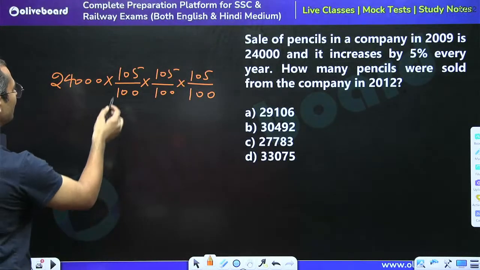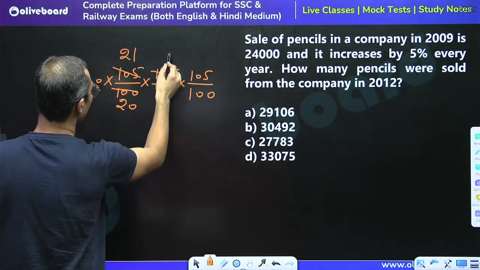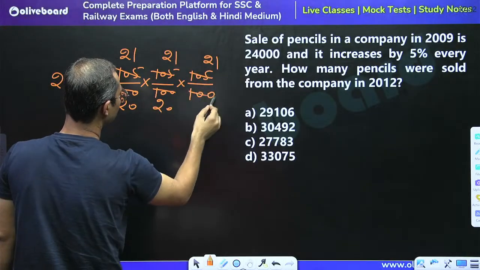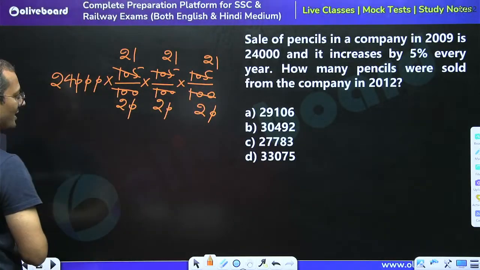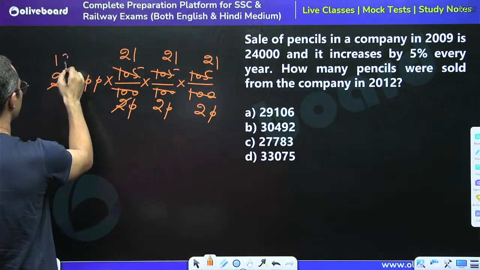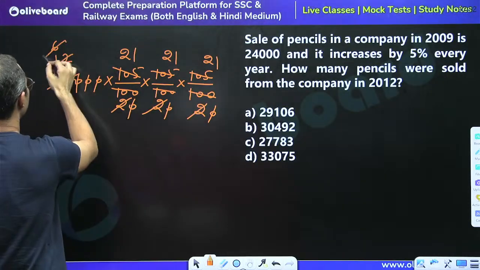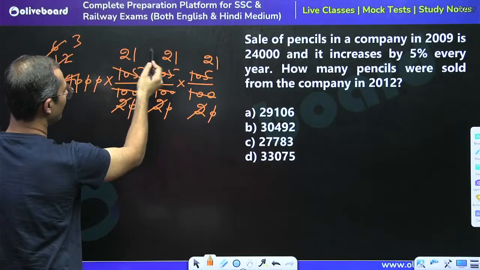So we can say that this is equal to 21 by 20, 21 by 20, 21 by 20. The 4 zeros get cancelled. By 2 this is 12 times, by 2 this is 6 times, and by 2 this is 3 times. So we can take the unit digit: 3 into 1 into 1 into 1.